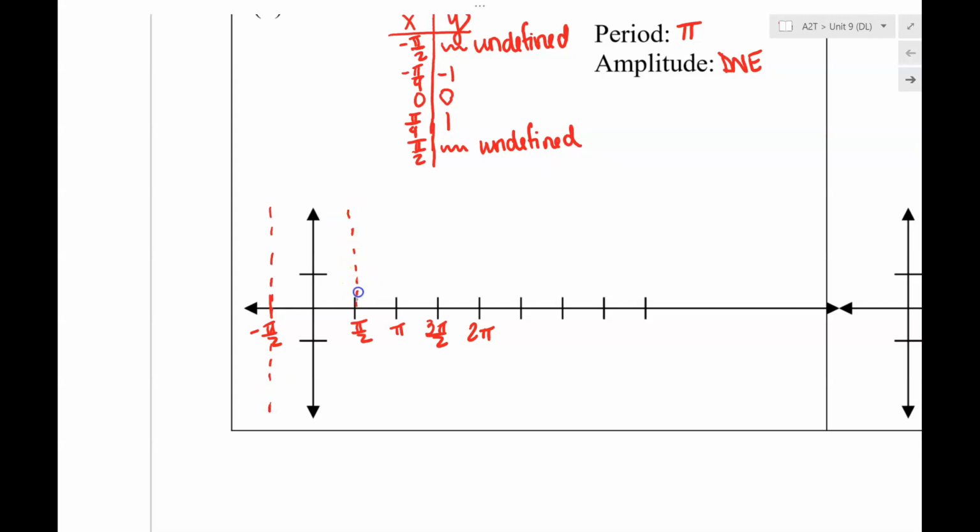And then at pi over 2, and then at 3 pi over 2. Good. And we have a coordinate at 0, 0. At pi over 4, it is 1. At negative pi over 4, it is negative 1. And that pattern continues.